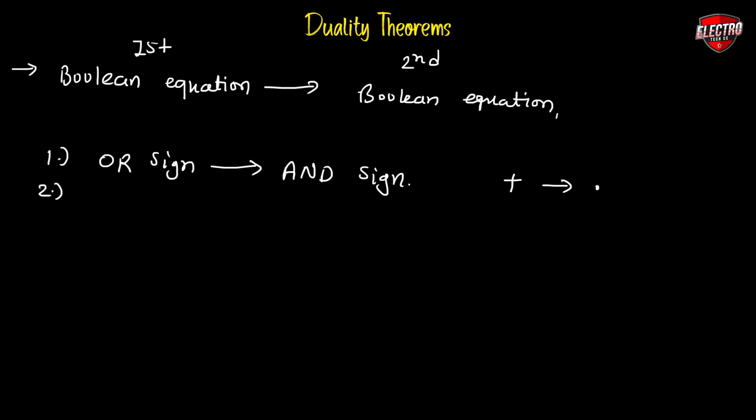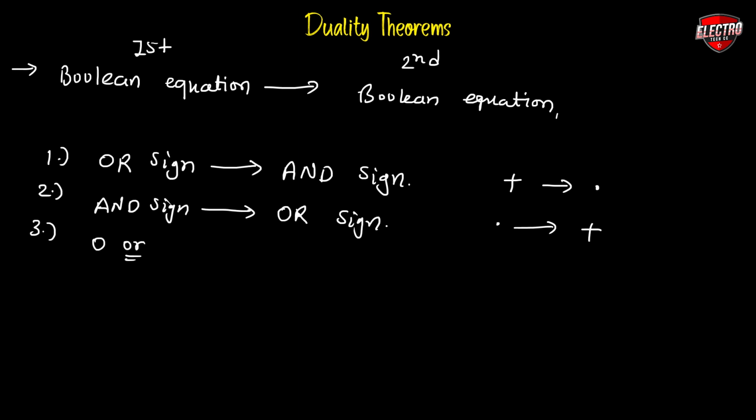Second thing, you have to change an and sign from the Boolean equation to an or sign. That means if you have a dot sign in the first equation, then you have to change it to an or sign, that is the plus sign. And third one, that is the complementing of any zeros or ones, take the complement of 0 and 1.